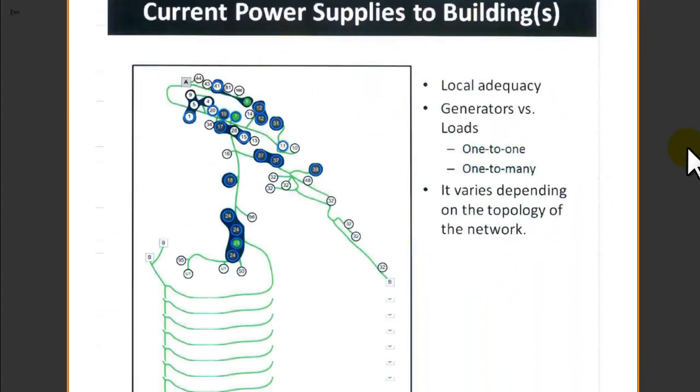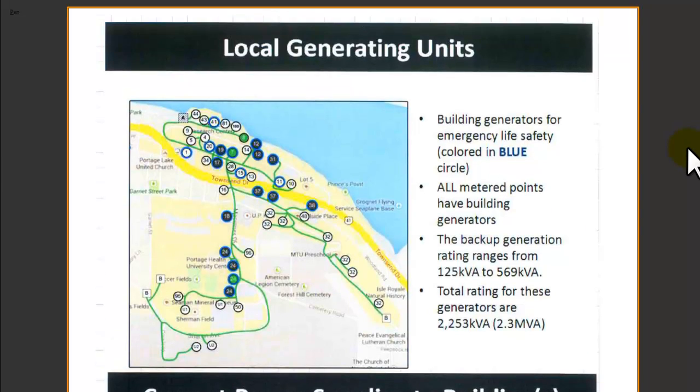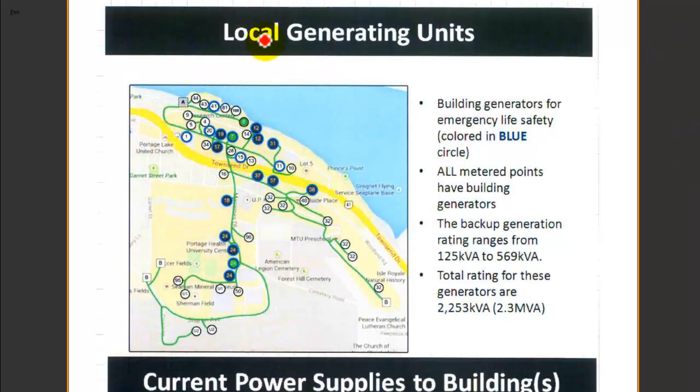So for the rest of the information, just to show you what the local generating units would be. The blue circle outlines are those buildings that have a backup local generating unit. It can range from 125 kVA to 569 kVA, and the total rating of all this generation could be about 2.3 MVA. So as you can tell, it's probably half of the entire grid consumption for backup.